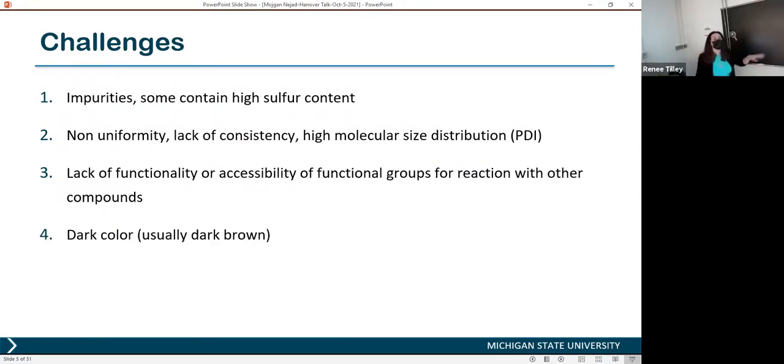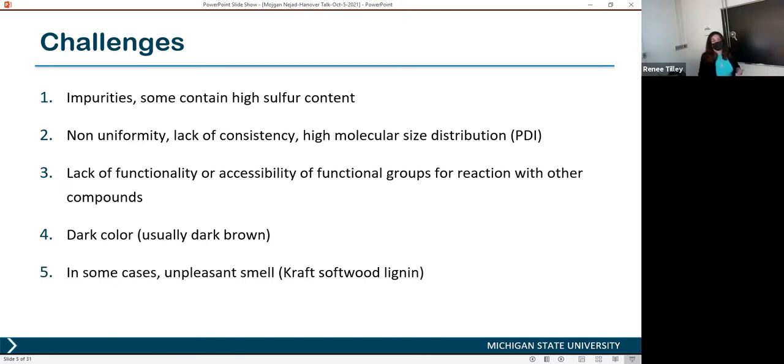That limits the application of lignin in different polymeric industries. The dark color of lignin, as you saw, is also a challenge. If you use dark brown or black lignin, for instance, in white paint, it's going to be a problem. We have to consider applications where the dark color of lignin would not be an issue, and I'm going to explain that throughout my talk.